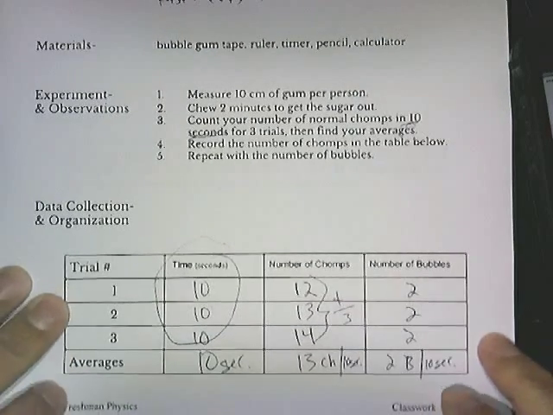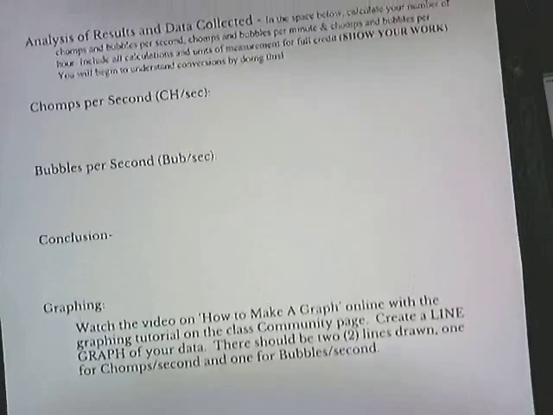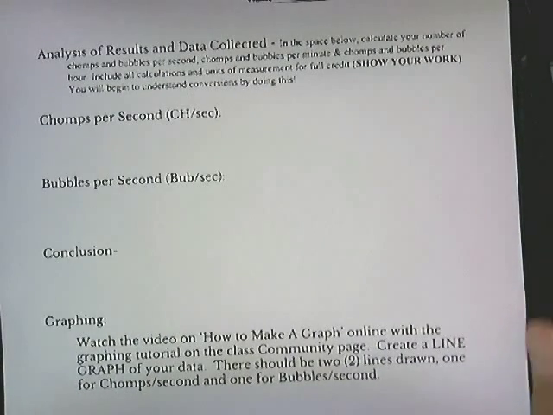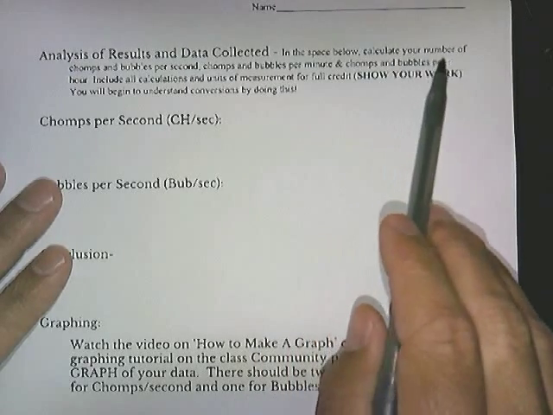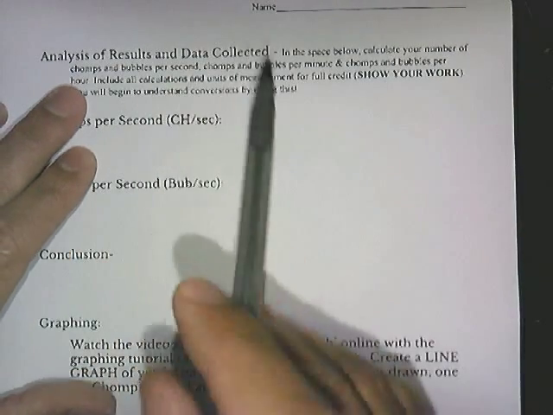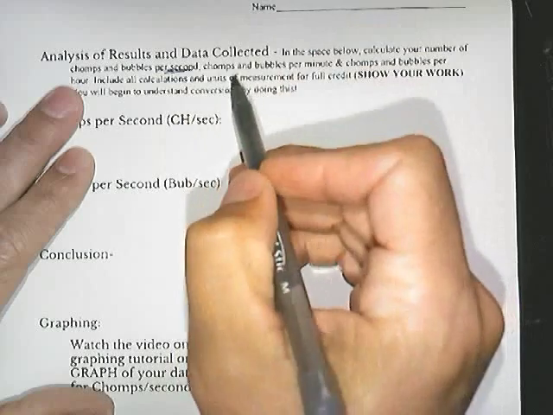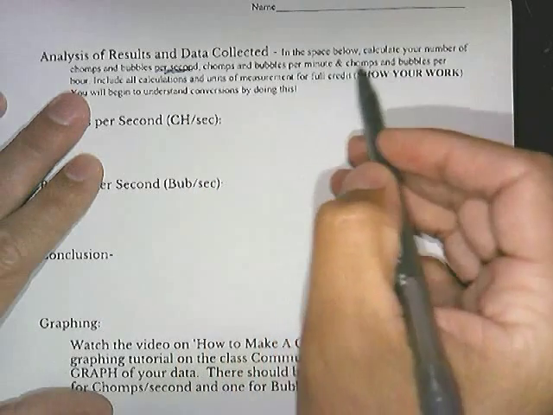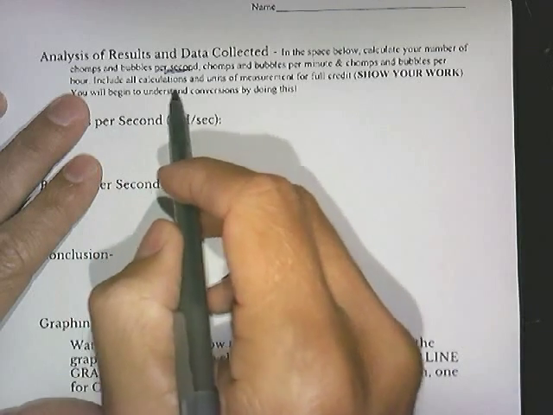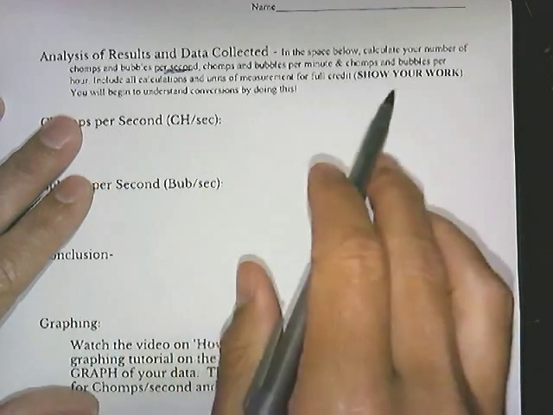So now, if I flip this over, I can start getting into the analysis. And I can start evaluating what I did in the lab. So in the space below, calculate your number of chomps and bubbles per second, then chomps and bubbles per minute, and then chomps and bubbles per hour. Include all calculations in units of measurement for full credit. So show your work.